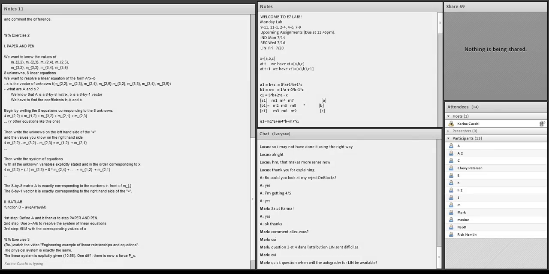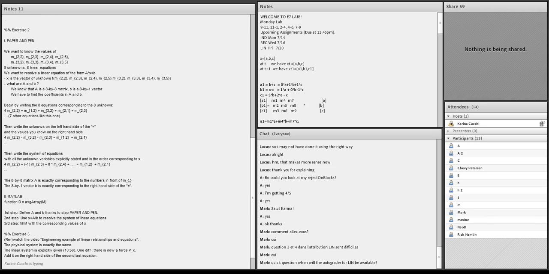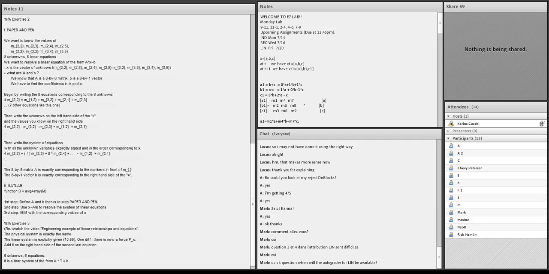So in this problem, once again, we have a system of linear equations. We have 6 unknowns that are the forces that are acting, so the forces T1 to T6, and we have 6 equations. So you'll see that in the video the matrix A and B are already defined.